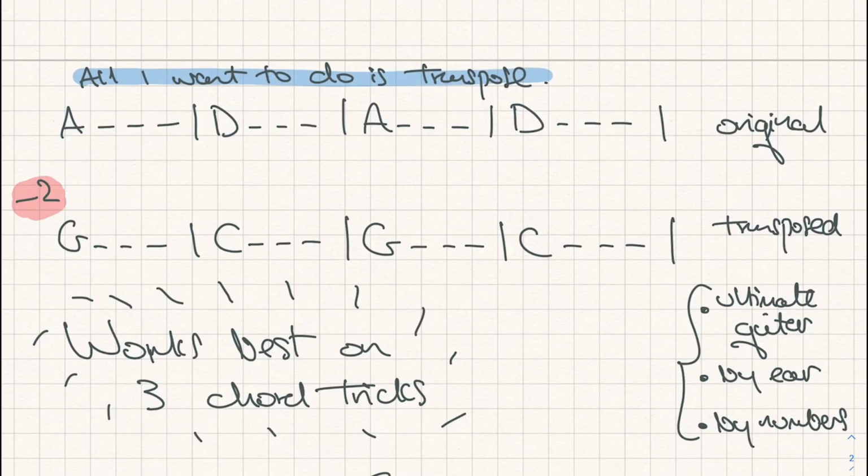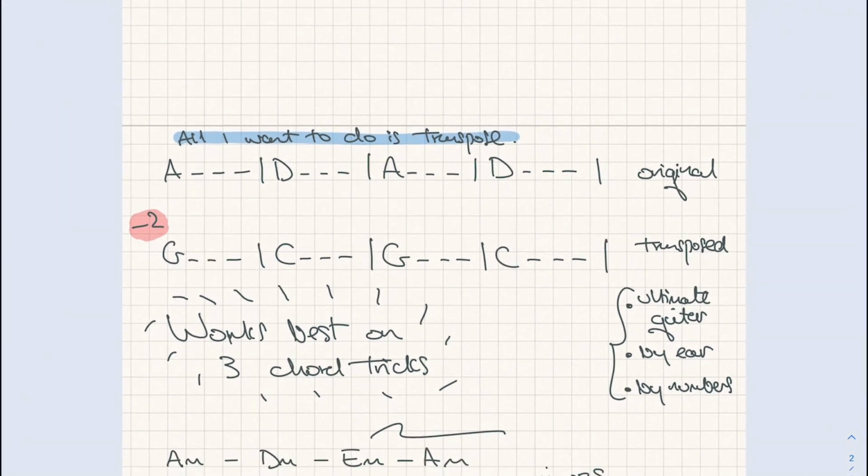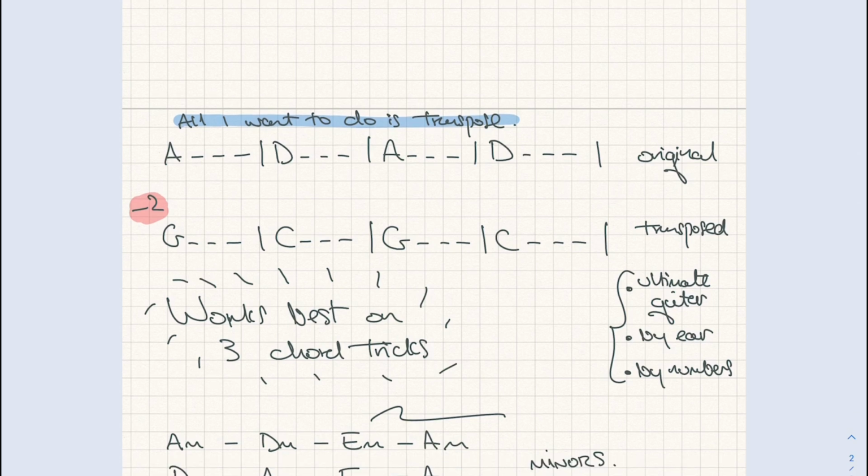Then we took a real case study of it. All I want to do is transpose. Basically, we got our chords that are in the song, A, D, and those are the original chords. Transposing is when you change the key of a song.